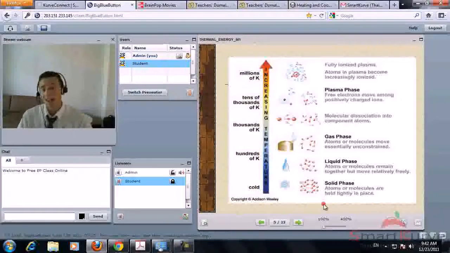Now, we can still get even hotter. As we get even hotter, those atoms will start to break down, and we will start to enter the plasma phase.